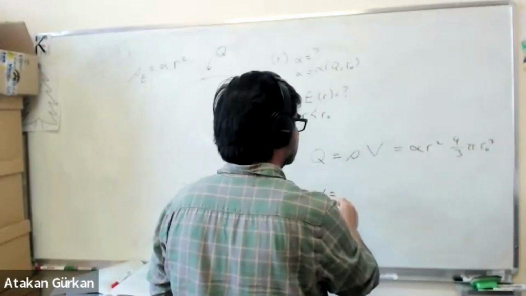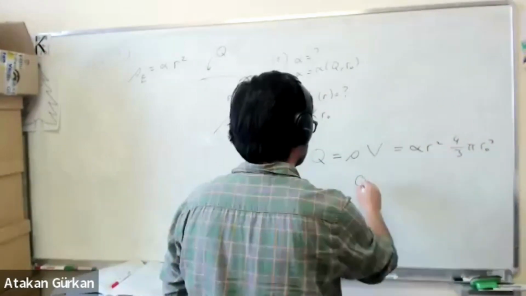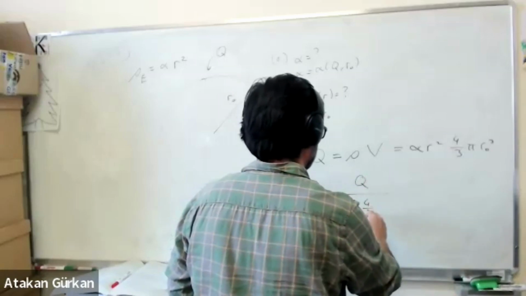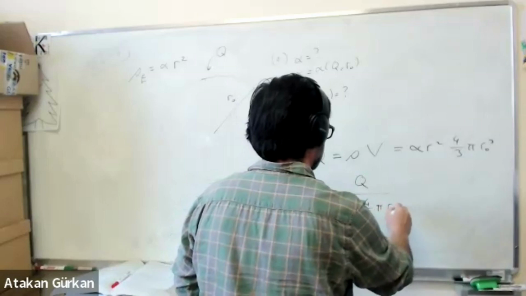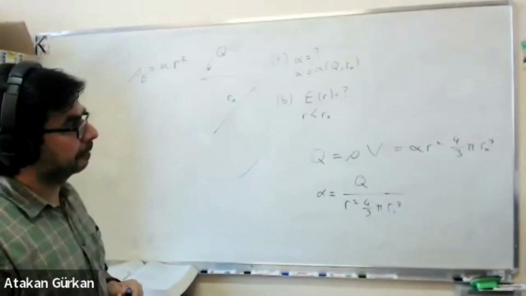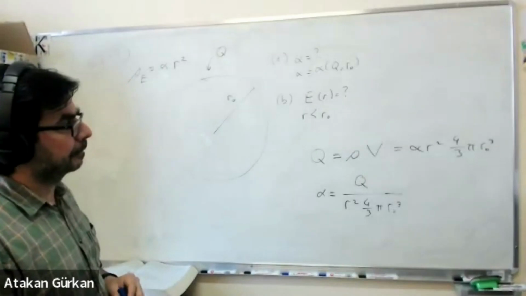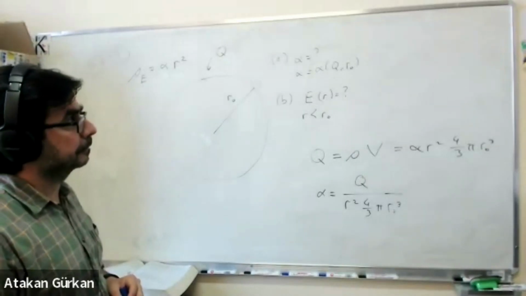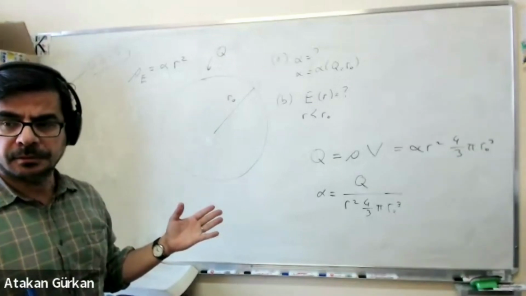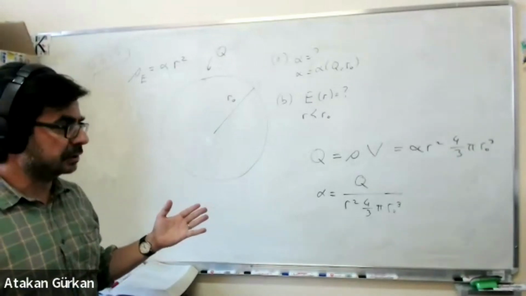So alpha is going to be Q divided by R squared times 4/3 pi R0 cubed. Is this the answer? Does anyone have an objection to this?